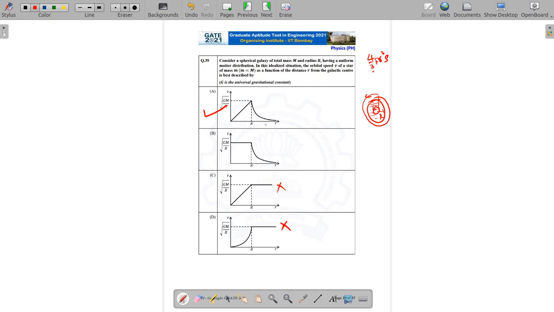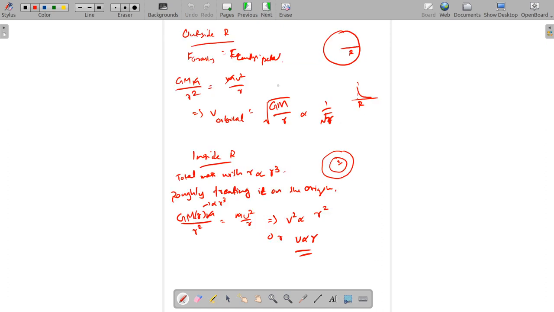What about B and A now? Whether it will be increasing or constant. How to do this? Again, this is how you can guess. If you consider a radius less than capital R, the total mass within r is basically proportional to r cube. Roughly take it as a point mass at the center.